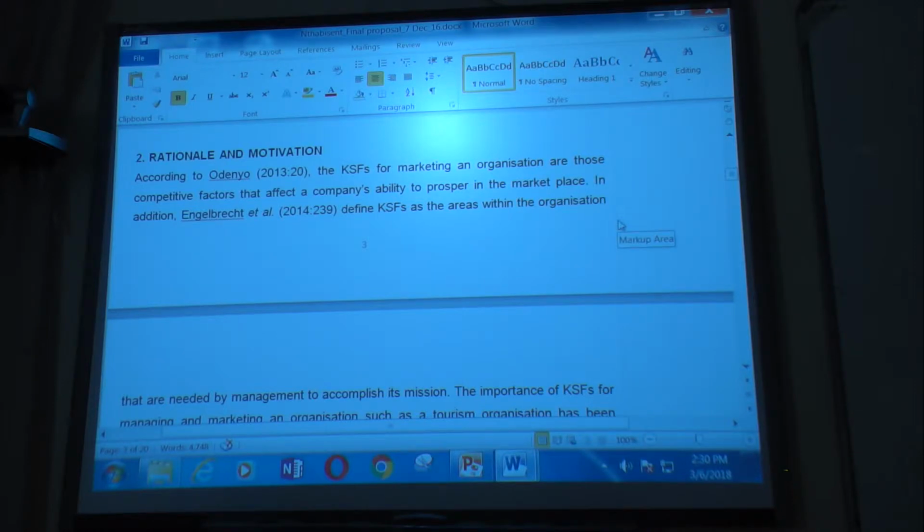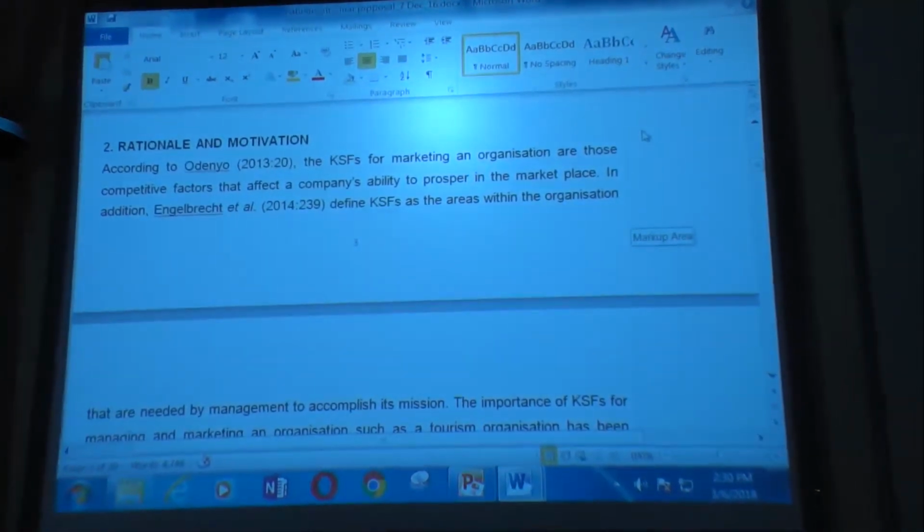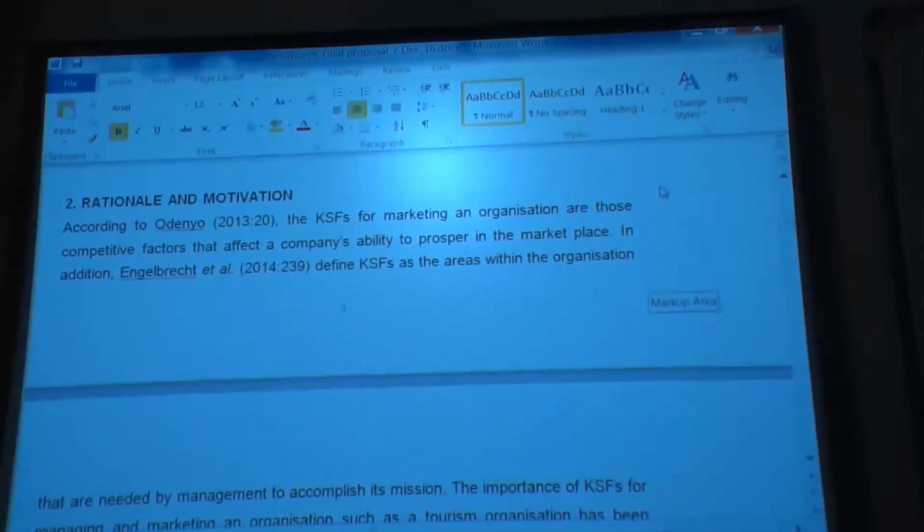Okay, we can just read this example again. This is the example that I used also in the previous class. It's about the key success factors for marketing a tourism establishment in Lesotho specifically. So in the context of Lesotho, marketing of tourism is an issue or a challenge.